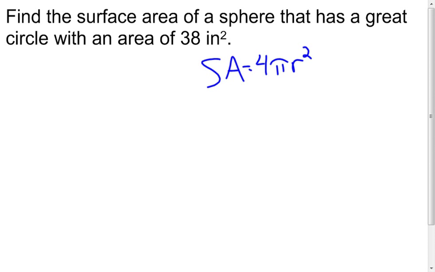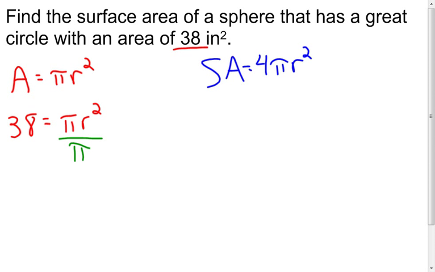So one method here is to look at the fact that we know the area of a circle is pi r squared, and in this problem, we know that area. We can plug it in. So we'd have 38 equals pi times r squared, and now we can solve this equation and figure out what r is, so we can plug it back into the surface area formula.